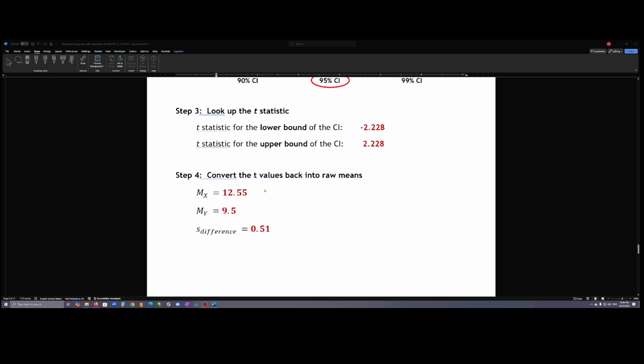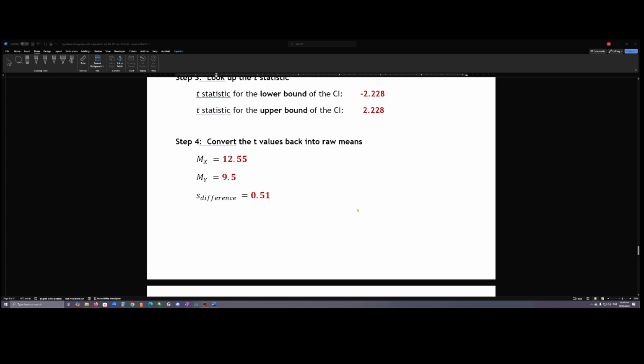Now, the other pieces of information that we need in order to use the formula and get the lower bound and the upper bound are the mean for the first group, the mean for the second group, and this estimate of the standard error. Okay?